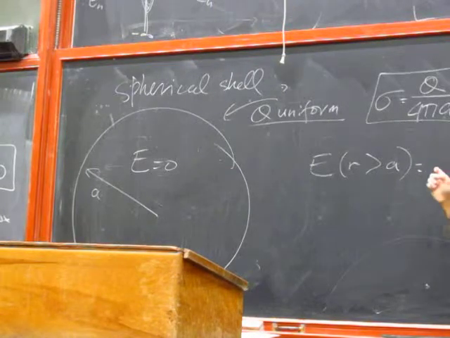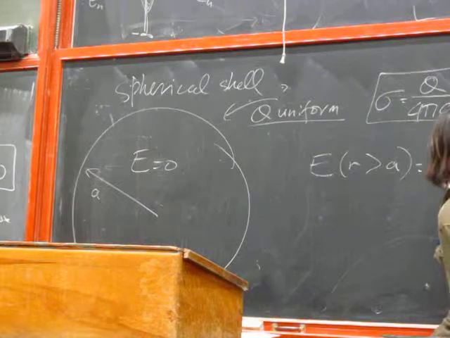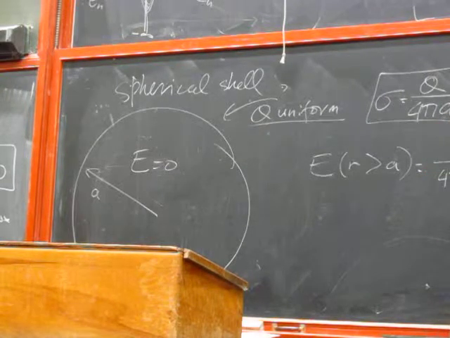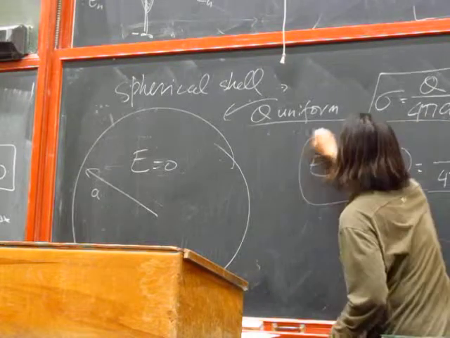What's the electric field outside? 1 over 4 pi epsilon naught Q over R squared, right? You can start with this for now.